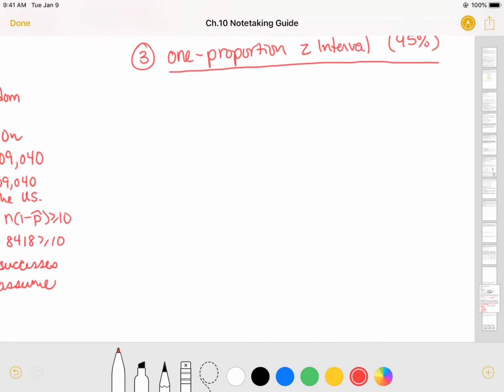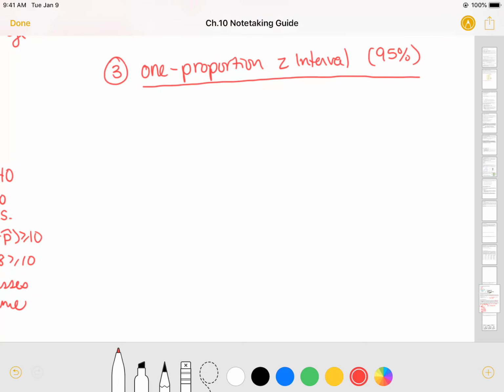Okay, so the formula is going to be p hat, that's our point estimate, plus or minus critical Z times the standard deviation, or we call it standard error sometimes, the square root of p hat times 1 minus p hat divided by n. So it's our point estimate plus or minus our margin of error.